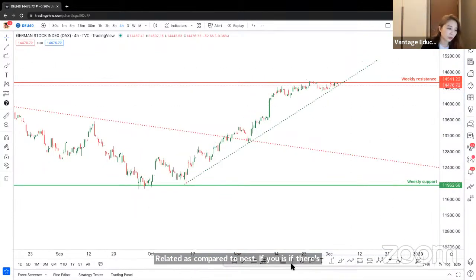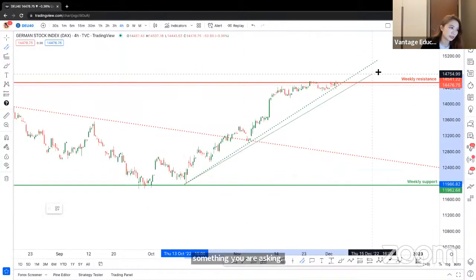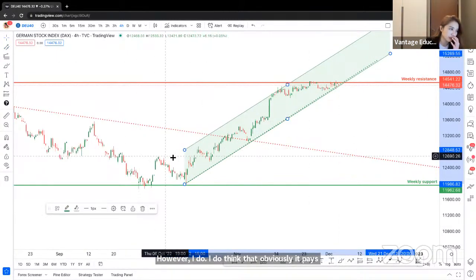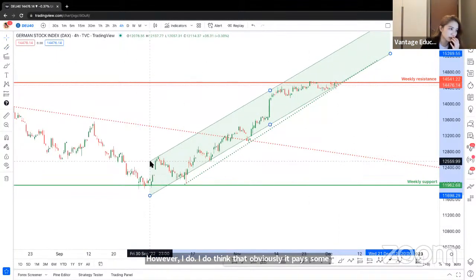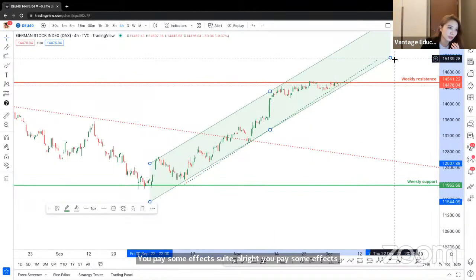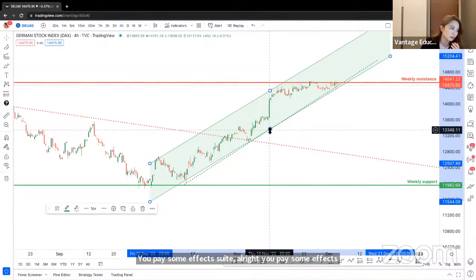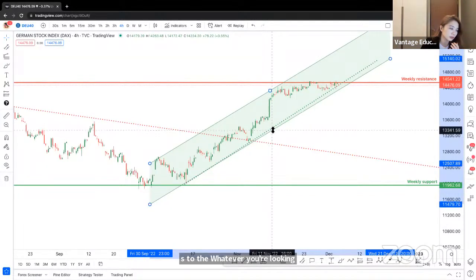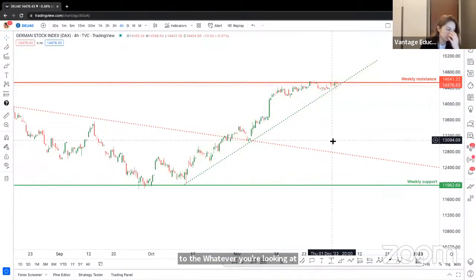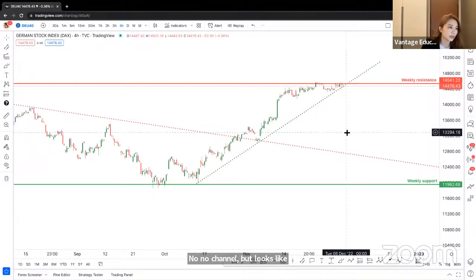However, I do think that obviously it pays some effects to whatever you're looking at. Nope, no channel, but looks like a pretty legit upward moving trend.